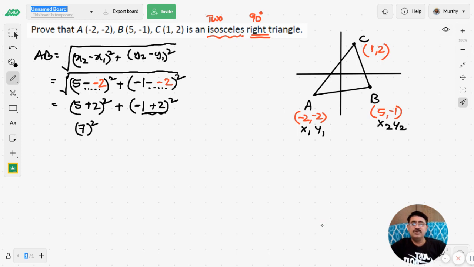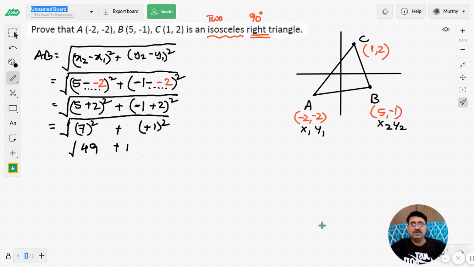Please notice that these two have different signs, so we subtract, and we end up with the positive 1 square. My bad, I forgot to keep the square root symbol here. So 7 square gives me 49, and this one is 1. So I get that it is square root of 50 units.